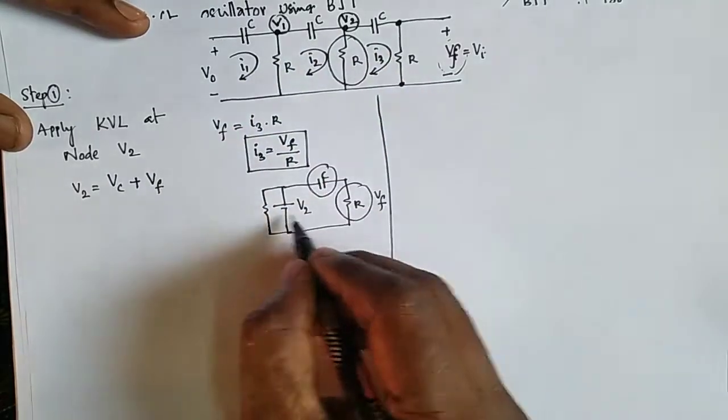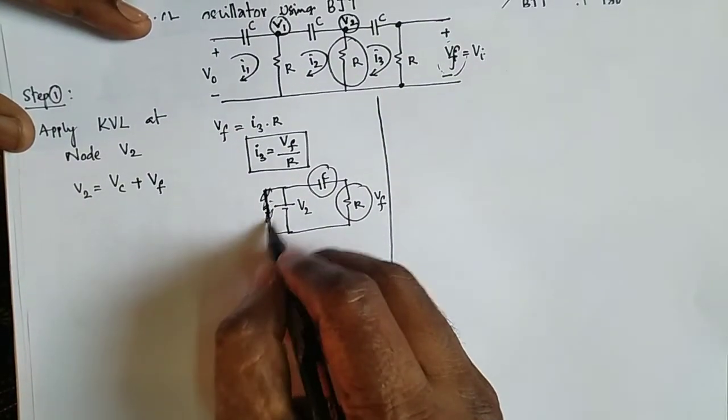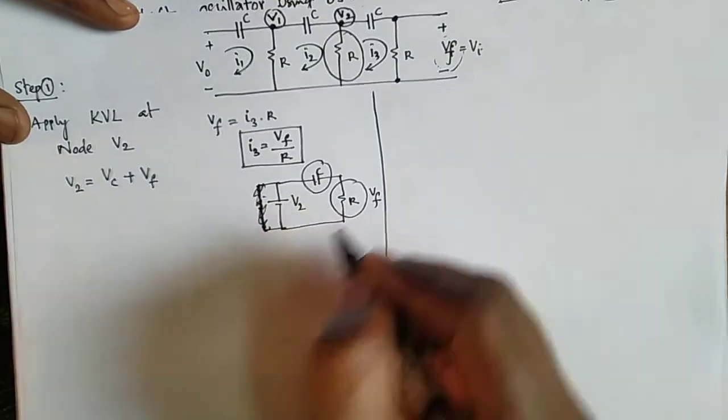So Vr is equal to V2. Like that you can represent this. So V2 is equal to Vc plus Vr.